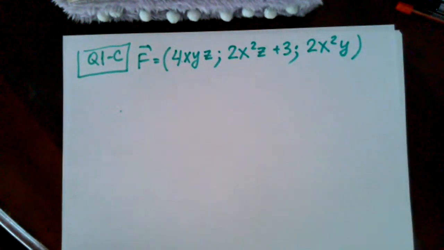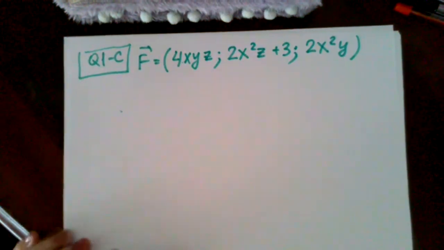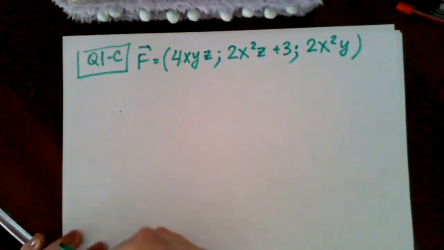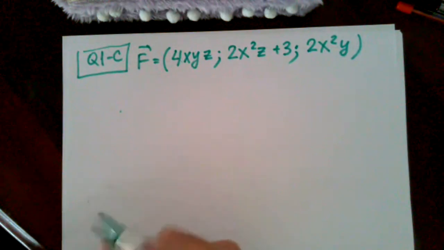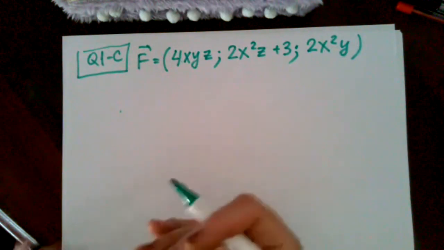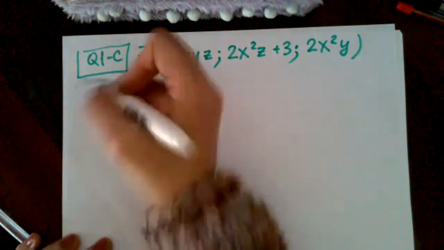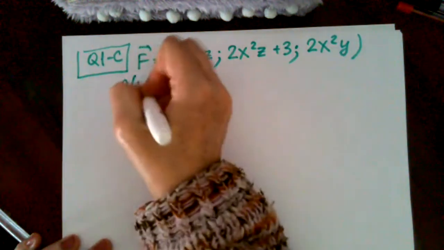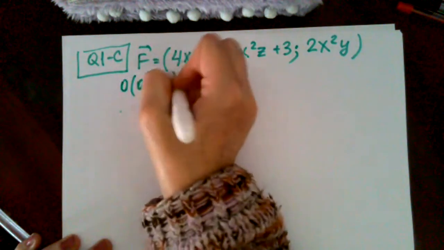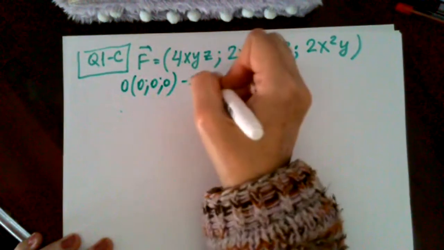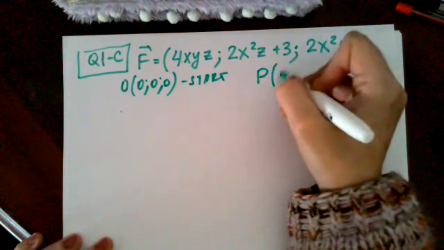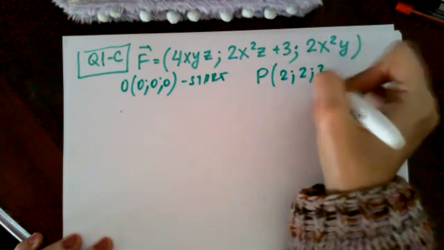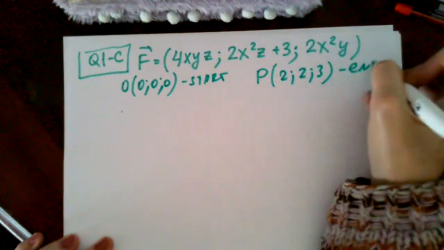And they ask you to calculate the work integral W. But strangely enough, they don't give you the equation of the curve along which you are supposed to travel. Instead, they give you the start point, the origin, and they also give you point P with components (2, 2, 3), which is the end point of your journey.